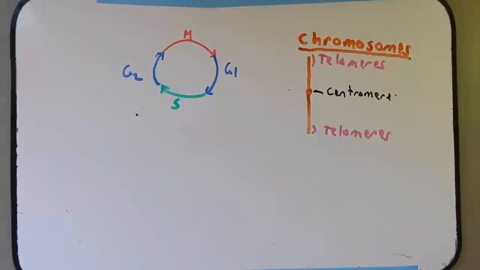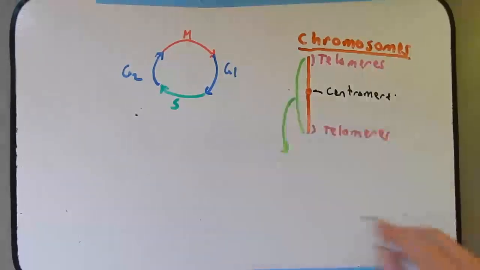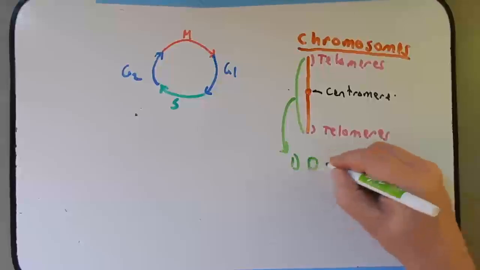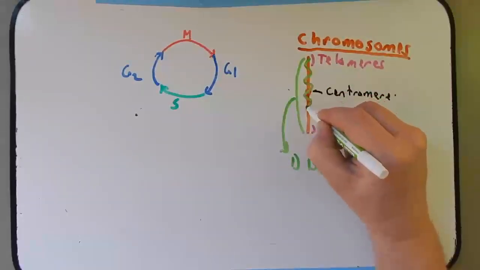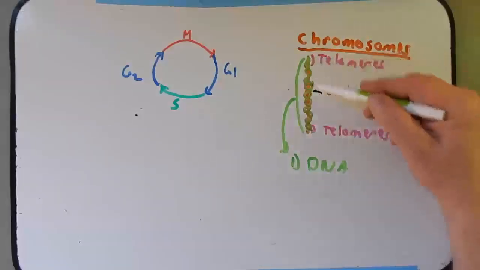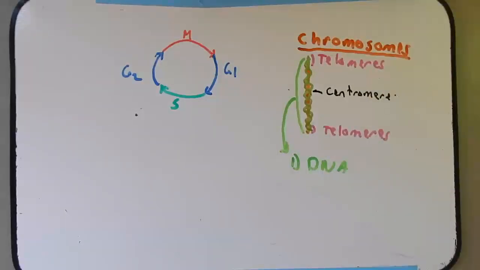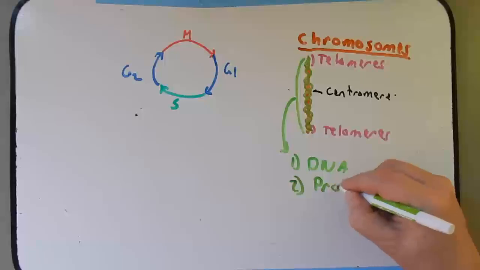Now the chromosome itself, the whole chromosome, including the telomeres and the centromere, is composed of DNA. In fact, this whole chromosome is nothing more than one long piece of DNA, one giant double helix. Every chromosome is one giant double helix. Now what holds this together are proteins.